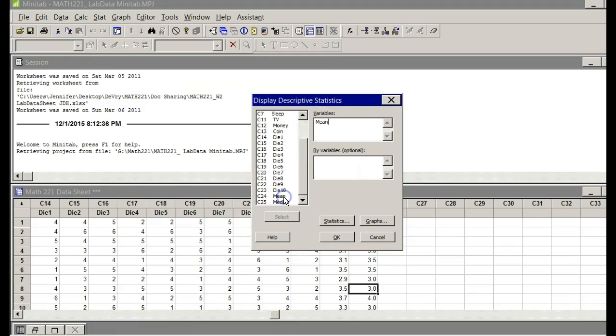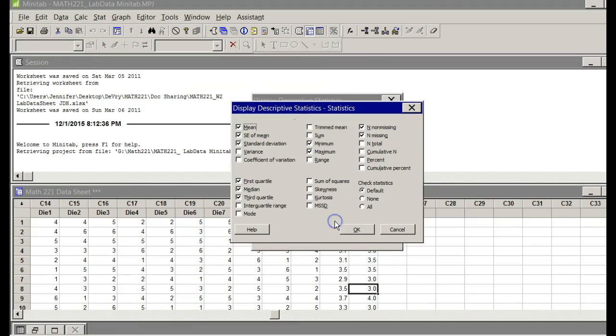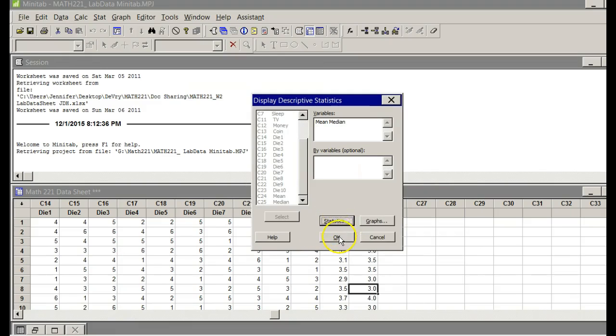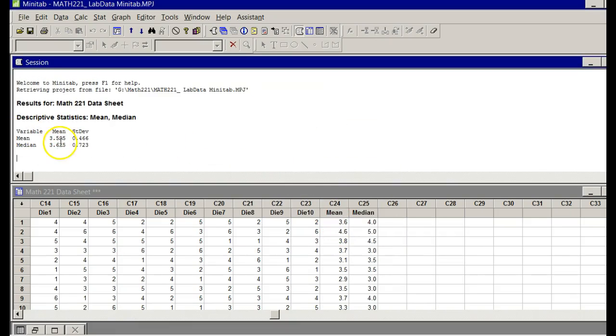Double click on mean, double click on median. I have a cold, forgive me. Then I'm going to click the Statistics button. I don't need all this other. I need the mean and the standard deviation. That is all I need. So I'm going to unclick all these other things so it won't be confusing. Mean, standard deviation, click OK. Click OK. There they are.